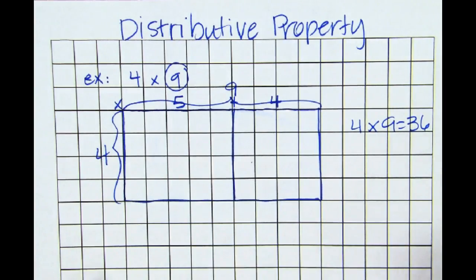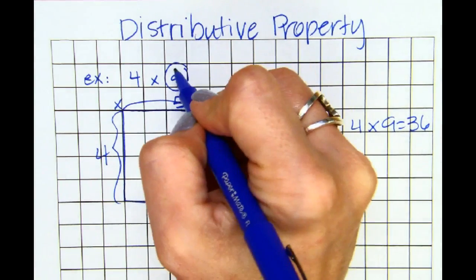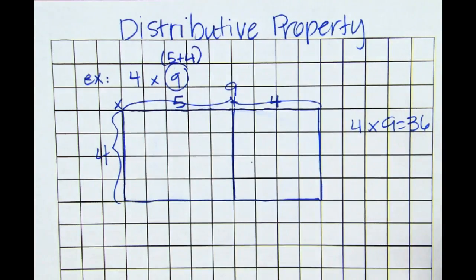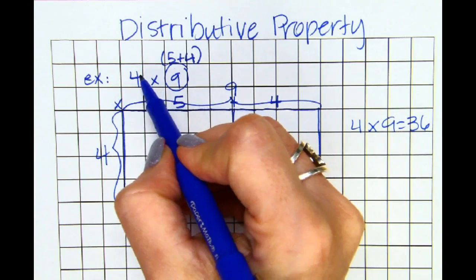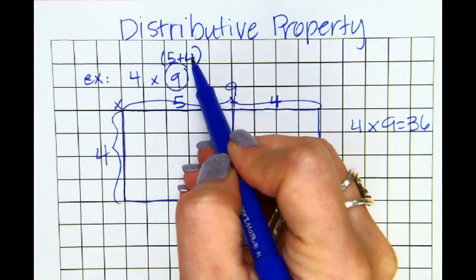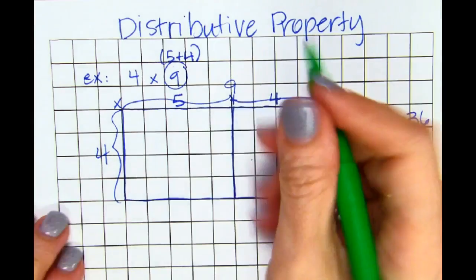Let's prove this. We know that 4 times 9 is 36, but if we break 9 into two parts, 5 plus 4, we can say that 4 times 5 plus 4 times 4 will also give us 36. Let's cover this up.